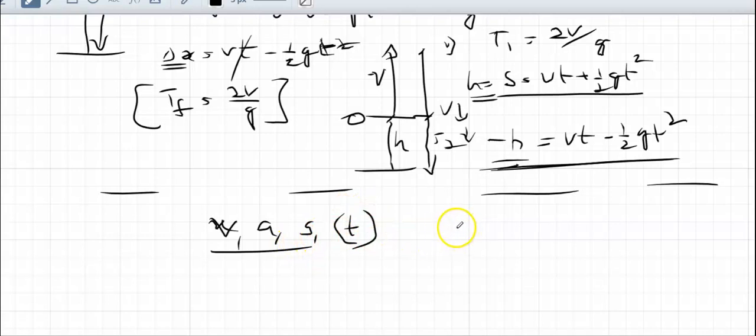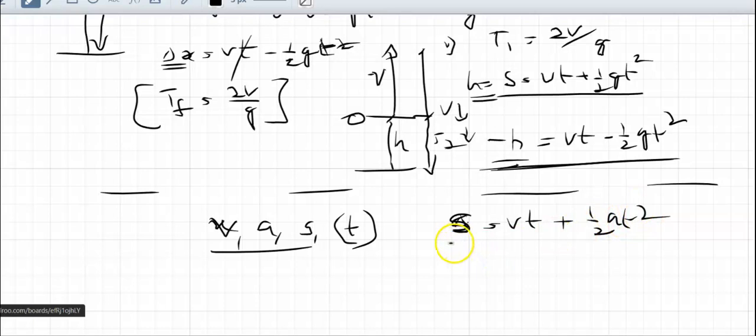So we can use the equation for displacement, s is equal to ut plus or minus half at squared, depending on the direction. Solving this equation will give us the time. But here this is a quadratic equation. We can do this, but a quadratic equation is slightly more involved.